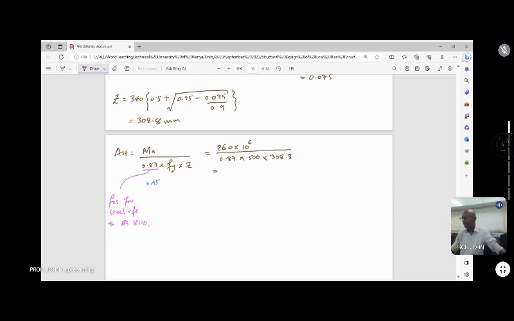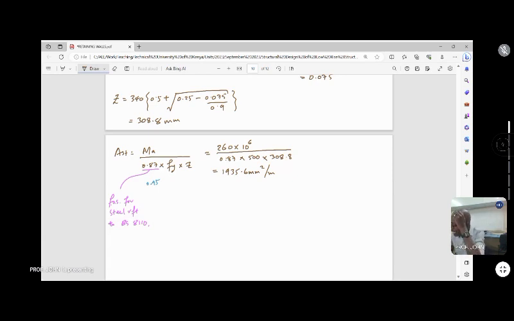Okay, so we calculate that number. 260 over 0.87 times 500 times 308.8 gives 1935.6 millimeter squared per meter.